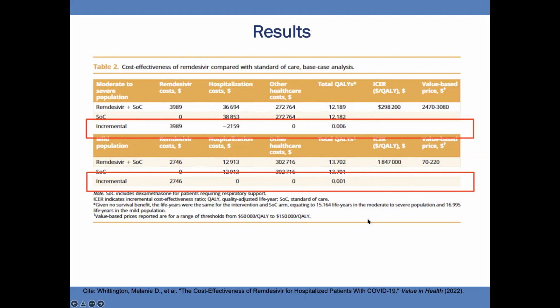So if you compare with the willingness to pay threshold of 100K, this drug is not cost effective. To be cost effective, the drug needs to reduce its price. They conducted that kind of analysis, and they say that if the price of the drug is reduced to the range of $2,500 to $3,000 for the moderate to severe population, and to $70 to $220 for the mild population, then the drug will be cost effective.